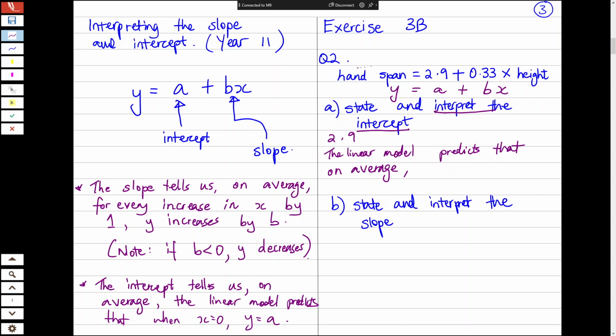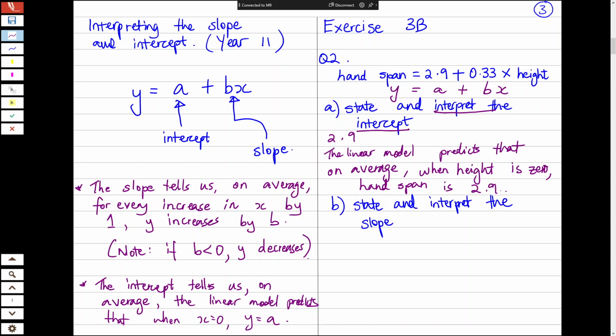On average, sorry, can you speak up, Kai? Great. Now, let's make sure that we use the actual response and explanatory variable names here. So which one's the x variable? When height is 0, hand span is 2.9.